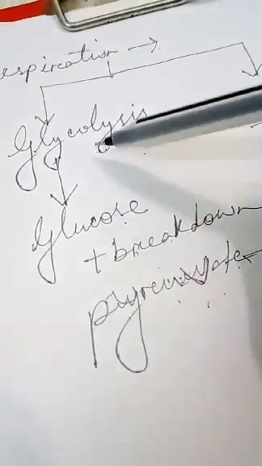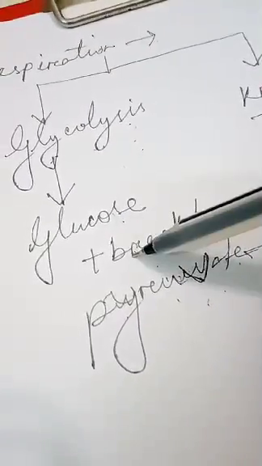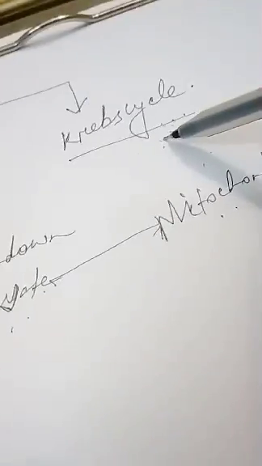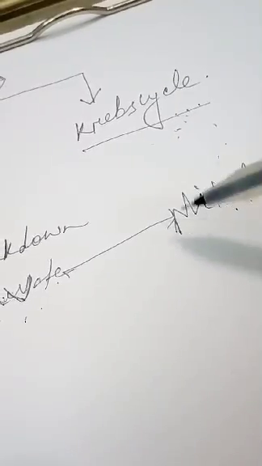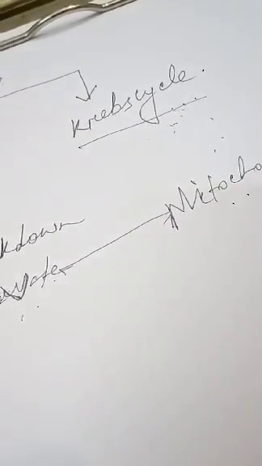In the process of glycolysis, children, 2 molecules of ATP are produced, and in this aerobic respiration, 38 ATP molecules are formed in total, 36 in the Krebs cycle and 2 in glycolysis. Of course, there are other processes involved in respiration, like the electron transport system, that you will read in your senior classes, class 12.